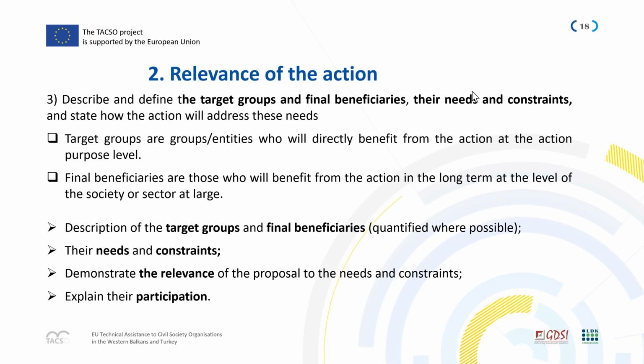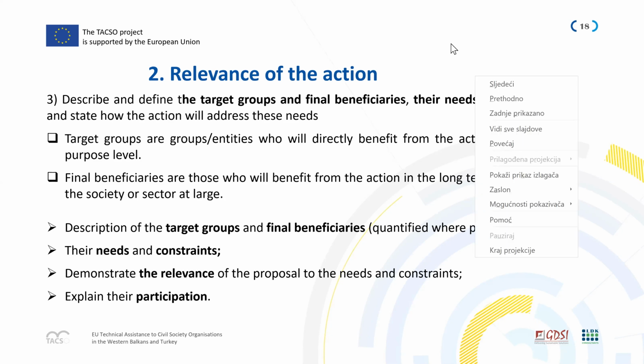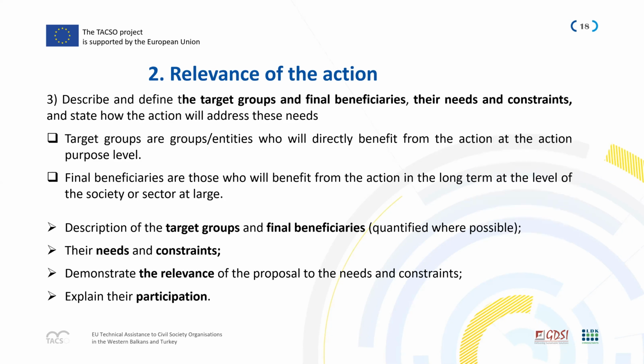Okay, so let's talk further on the relevance of the action. The third part of this component relates to target groups and final beneficiaries. This is very often the part of the concept note which is deciding whether the application is passing to the full application, meaning to the second round, or not.